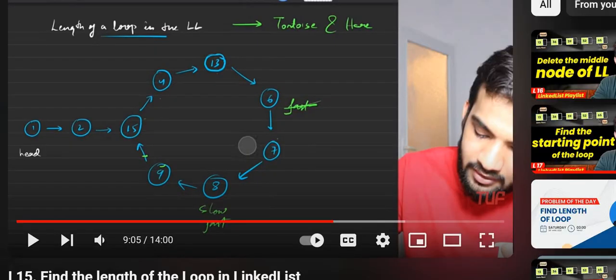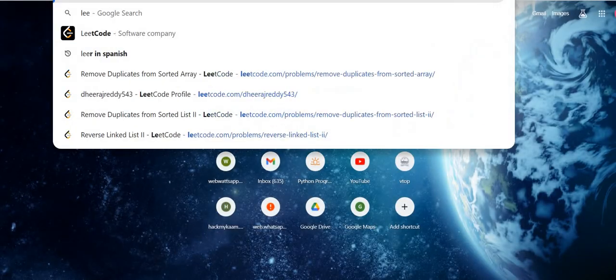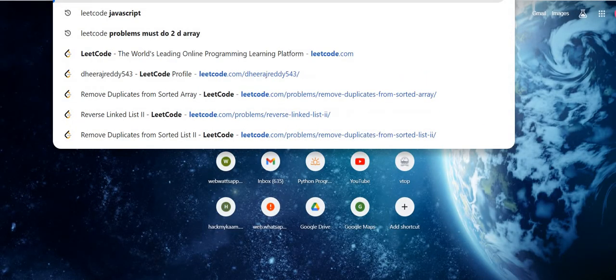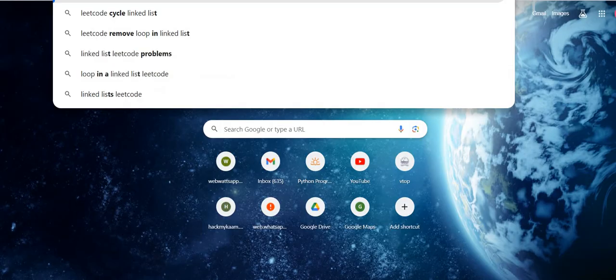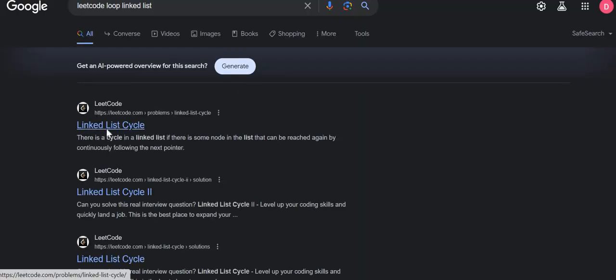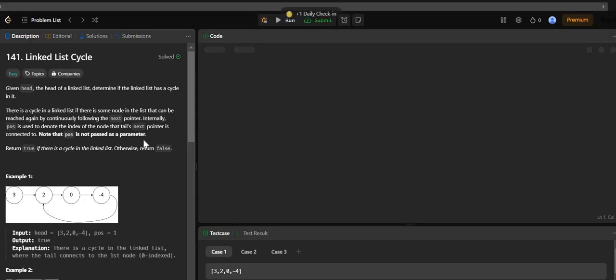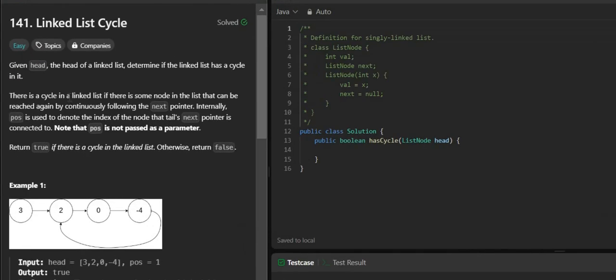I will do this in code. They are given the head of the linked list. You want to check whether the loop is there or not in the linked list.